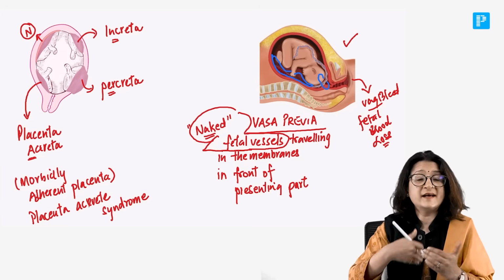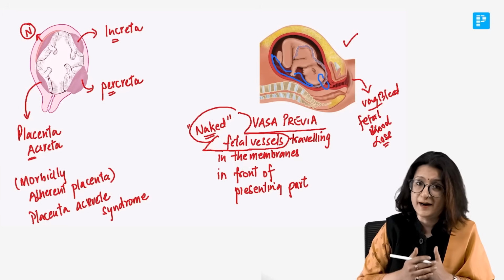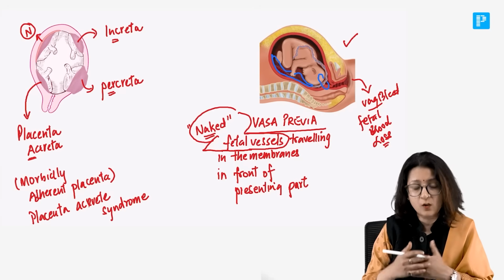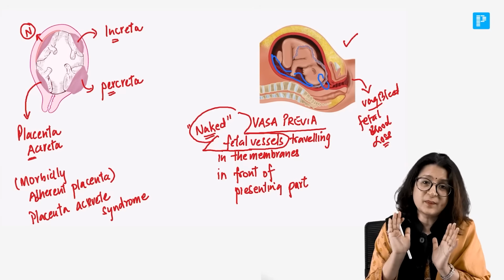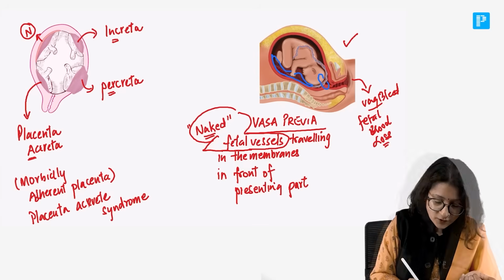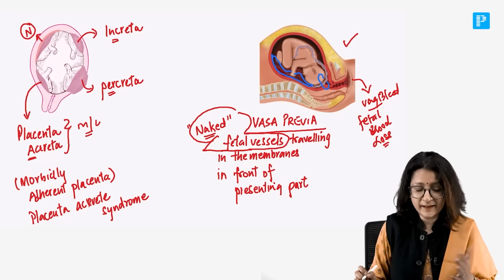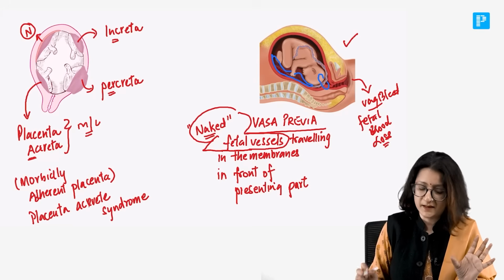If there is a bladder in front, for example, then it may have reached the bladder also. That depends on how much it has perforated. But it has perforated the myometrium completely, that is percreta. Out of these, the most common type is placenta accreta, then increta, then least common is percreta.